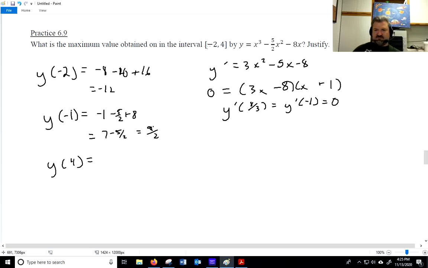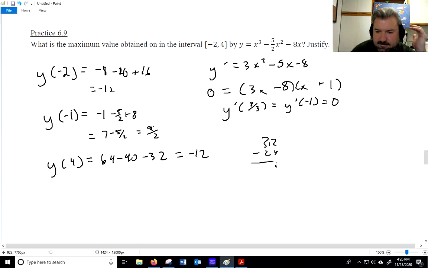We got 64 minus 40 minus 32. That's 24 minus 32 is a -12 as well. And I think that's right, right? 24 minus 32. Oh, wait. No. No. That is not right. -8. It didn't feel right. And I felt like maybe I made a mistake.